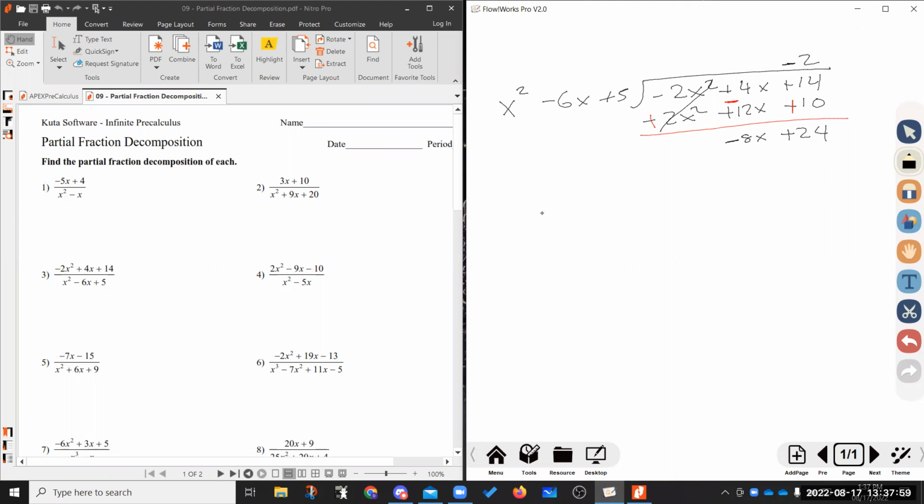So this simplifies to -2 plus -8x plus 24 over x squared minus 6x plus 5. Now this part that's a proper fraction now is what I have to do partial fraction decomposition on.